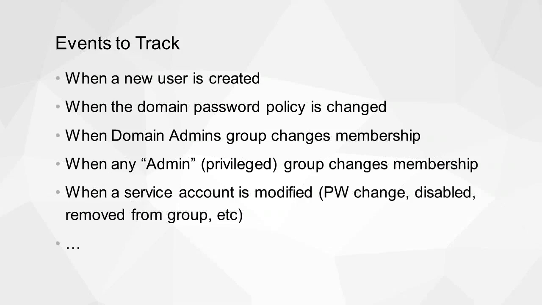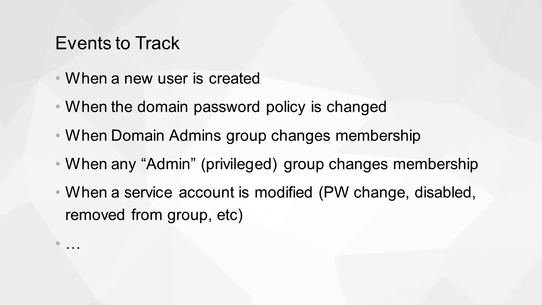I want to know if domain admins group changes membership. In reality, not just domain admins, I want to know when any group which has privileged access changes membership. Someone is added, someone is deleted. I need to know that. Without this, I do not have a handle on who has privileged access in my environment.